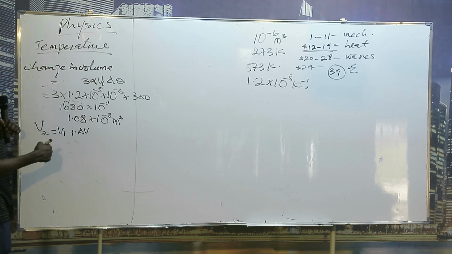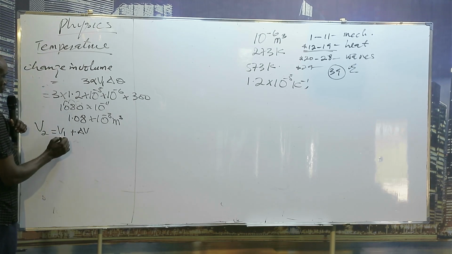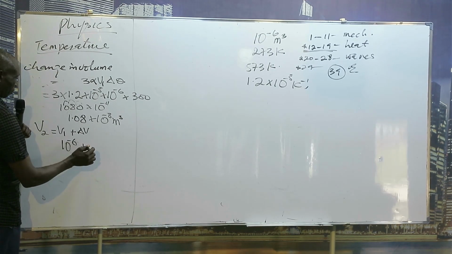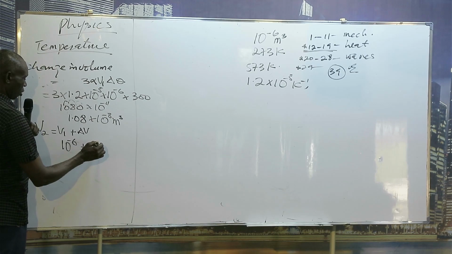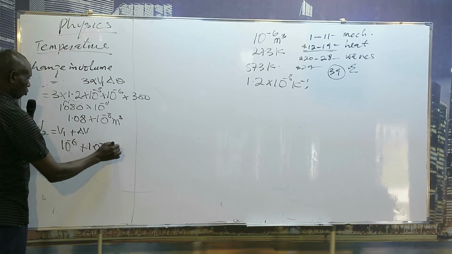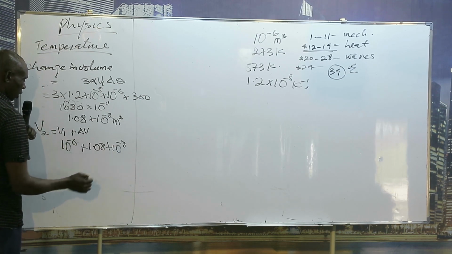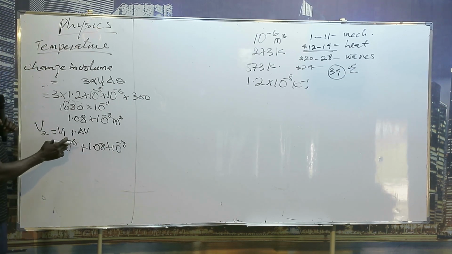So assuming you're asked to get the final volume, V1 is 10 raised to power minus 6 plus 1.08 times 10 to power minus 8 to get the final volume.